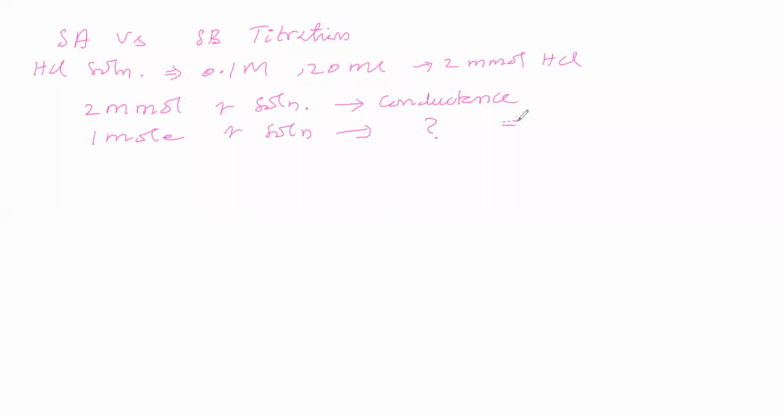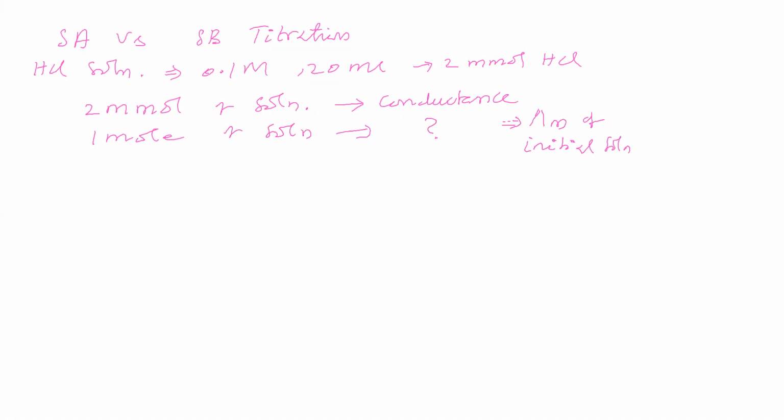That is called lambda m. So we got the molar conductivity of the initial solution. This only we have to take for the graph. Do you have any doubt in this?